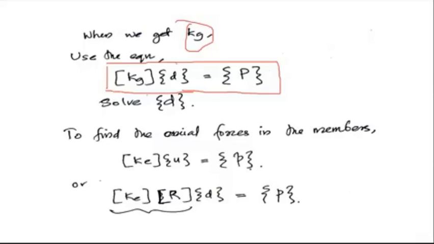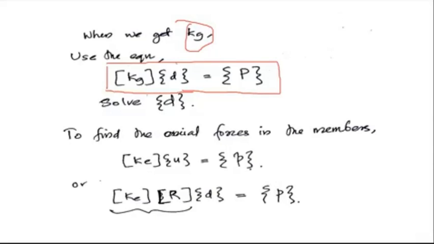After getting Kg, as in the previous problem, you will solve Kg into D equals P. There was only one K into D equals P. We'll be solving for D, and whenever we get D, in step number 6 of the previous problem, we found M as the element stiffness times FEM plus PF plus Ke into D of the corresponding members. Like that, we found the member forces.